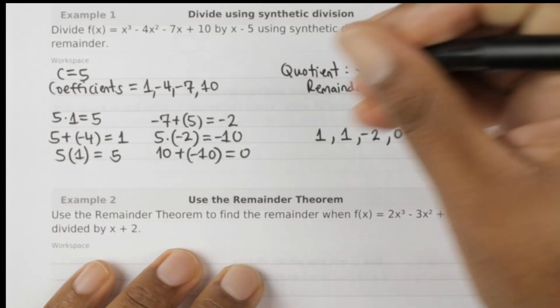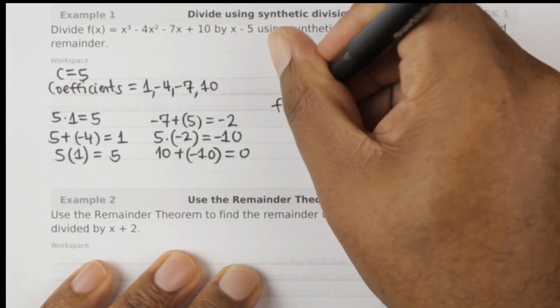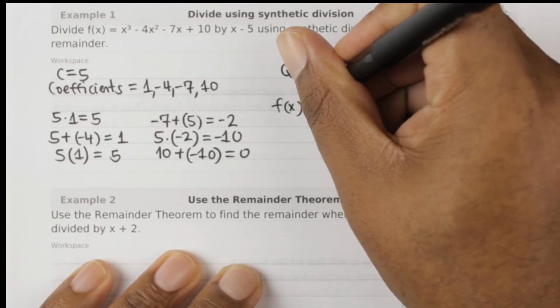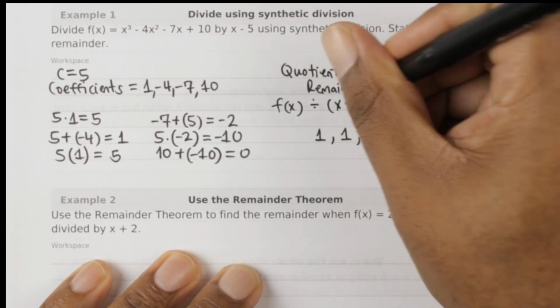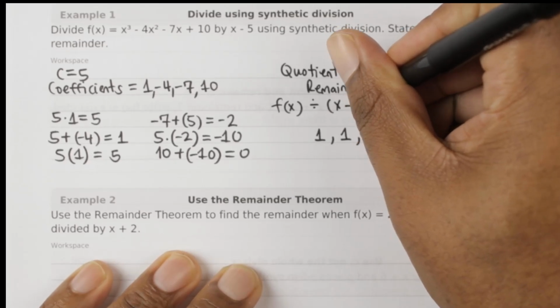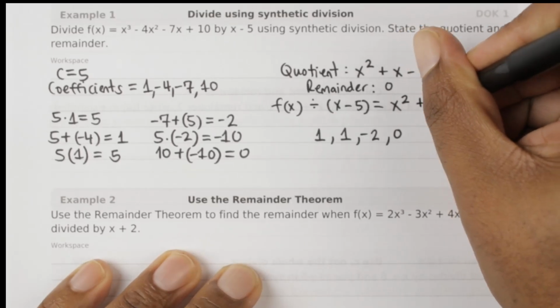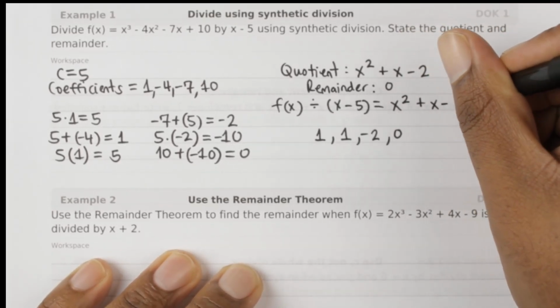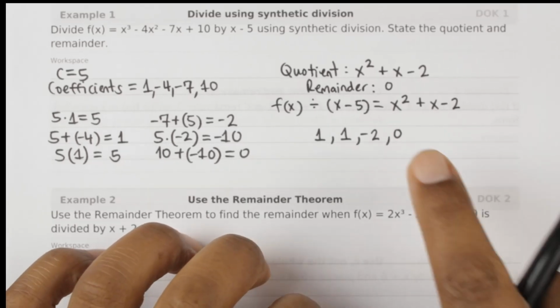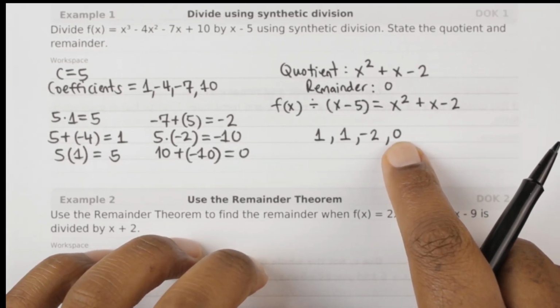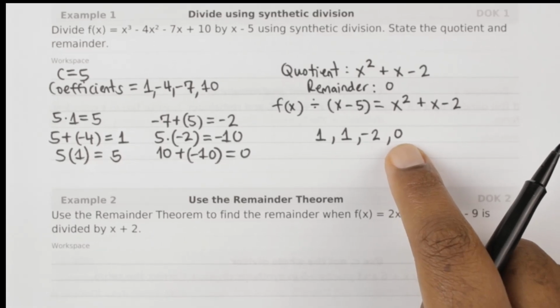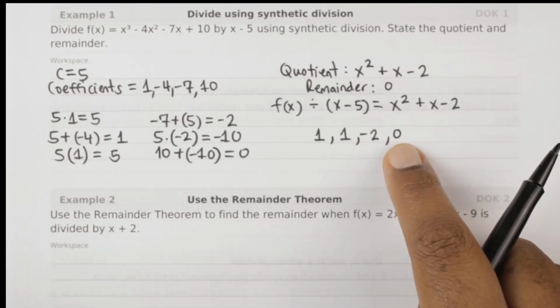So f of x divided by x minus 5 equals x squared plus x minus 2 because the remainder is 0. Because the remainder is 0, x minus 5 is a factor of f of x.